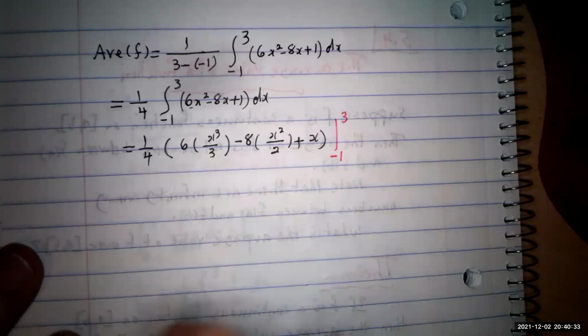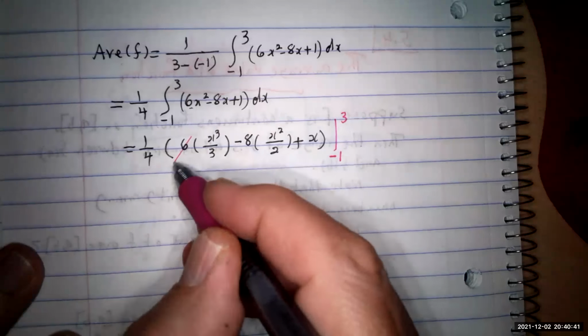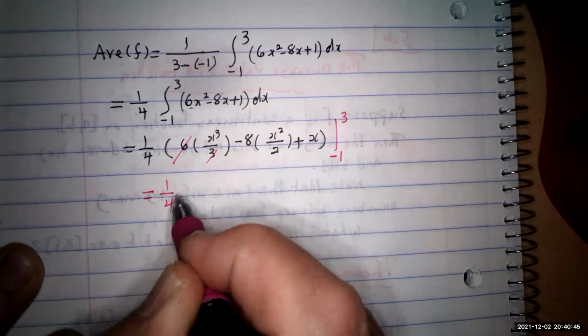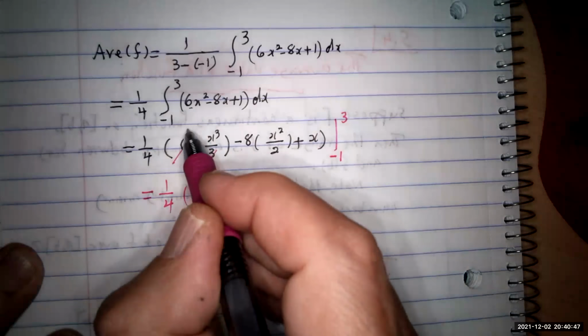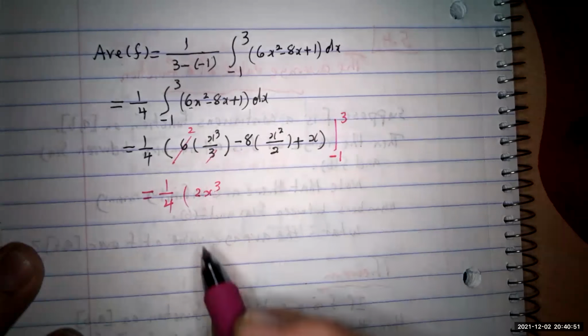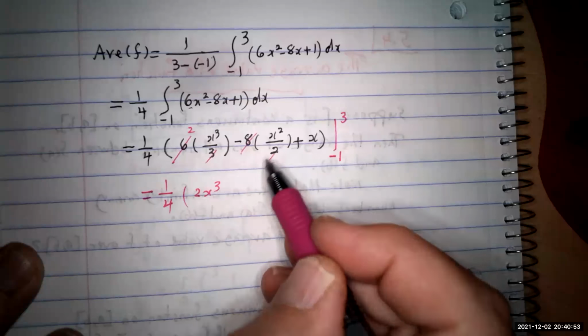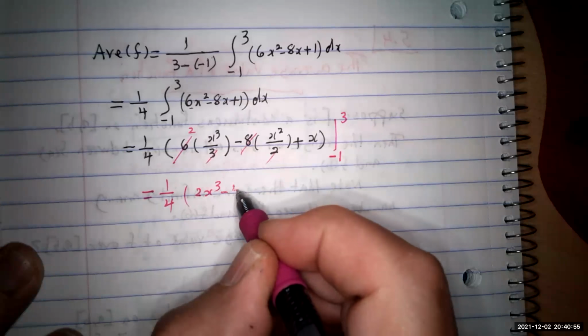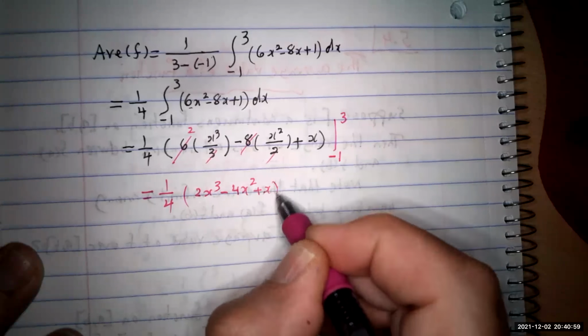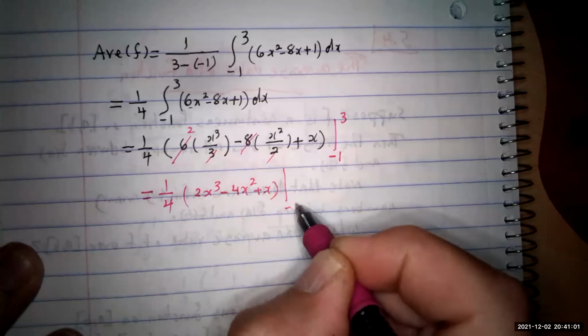You see, the operation is just the integration that we did. Any question? Go on, simplify this one first. So it's going to be 1/4, and that gives you 2x cubed. 8 divided by 2 would be 4. So that gives you minus 4x squared plus x, to be evaluated from -1 to 3.